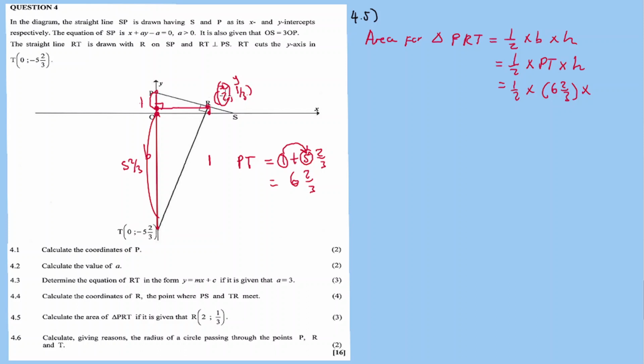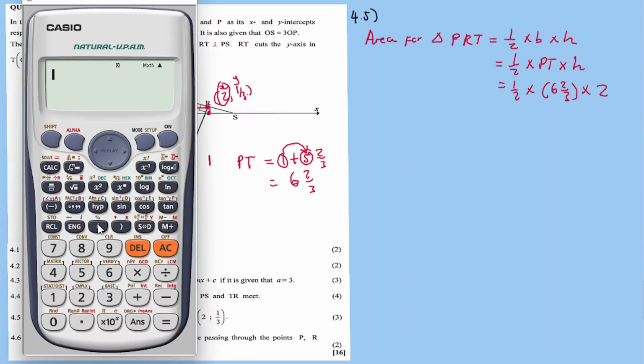Therefore our height is x. The distance from here to here is the same as the distance from here to here, right? So our height is 2. So now our area.